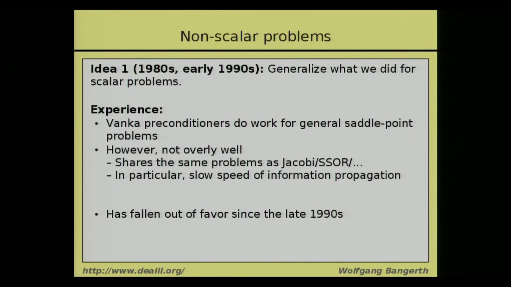When we started deal.II in the late 90s, we still implemented the Bangerth preconditioner. I think today we probably wouldn't do it anymore because I think we have better ways of doing this. But I want to introduce you to these concepts because that is the proper generalization of something like a Jacobi preconditioner.